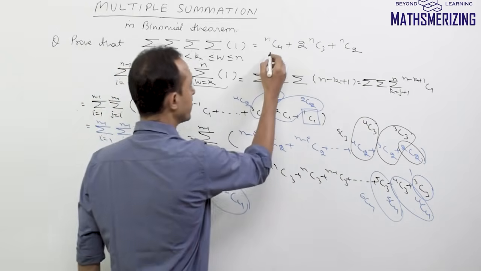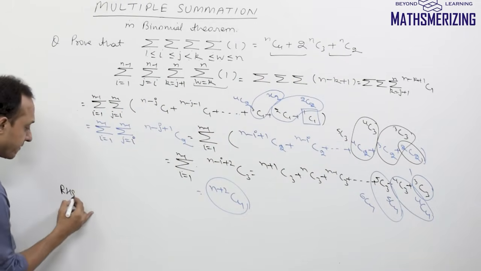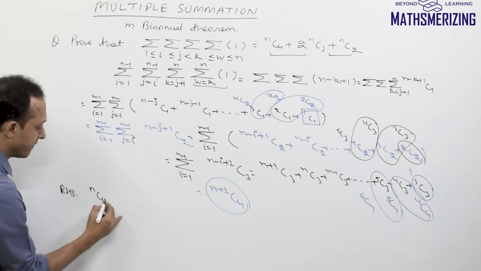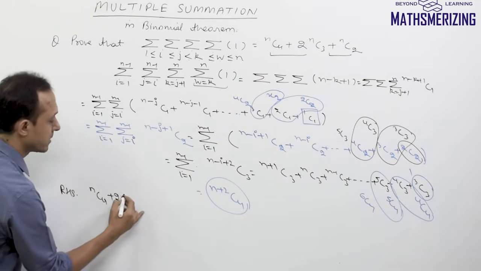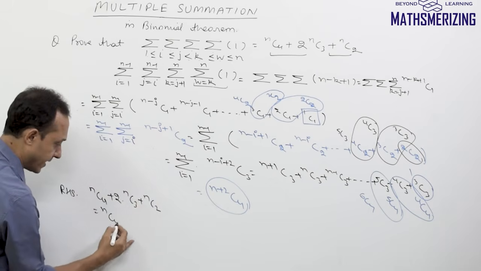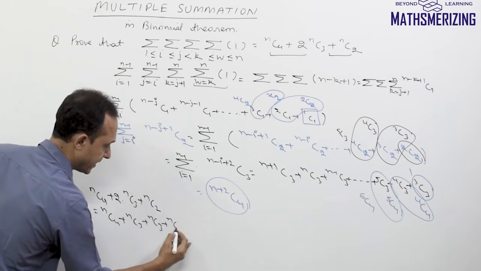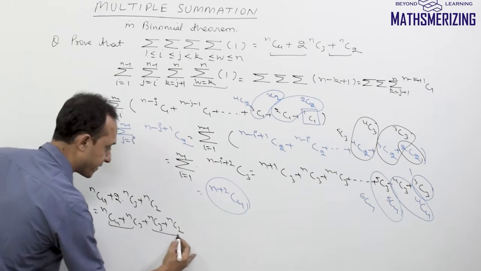Now if I look at the series on the right hand side, I have this expression which is nC4 plus 2 times nC3 plus nC2. So I'll write it as nC4 plus nC3 plus nC3 plus nC2. So now n same, r differs by 1.